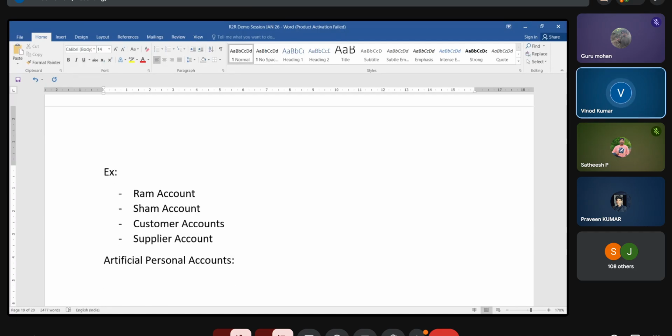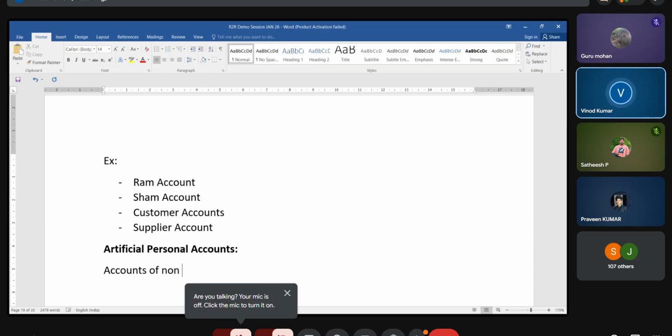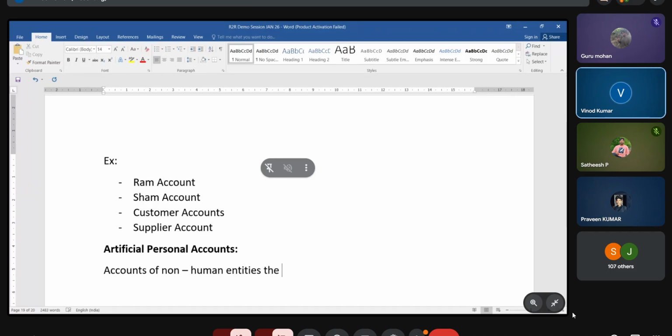So artificial is nothing but accounts of non-human, where a human is not involved. Non-human entities.